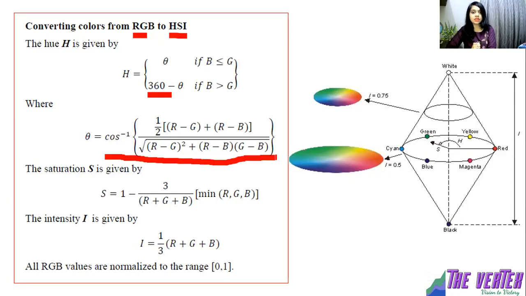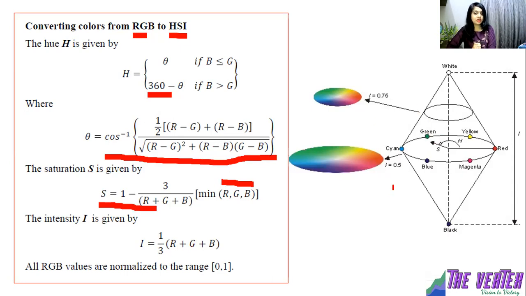Then the saturation S is equal to 1 minus 3 upon R plus G plus B, multiplied by the minimum of R, G, B, meaning whatever is the smallest. And intensity I is given by R plus G plus B divided by 3.